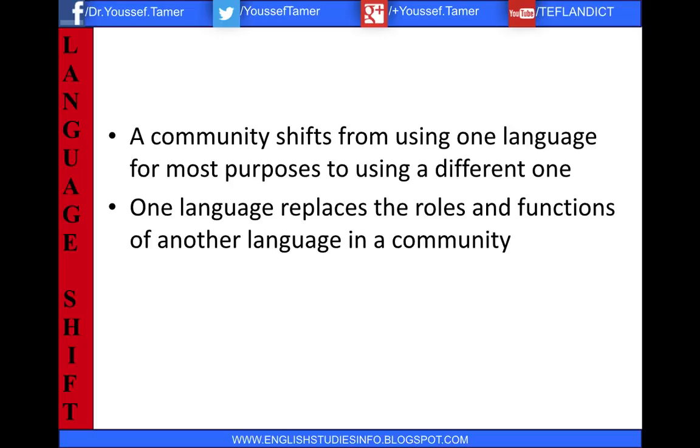When we were colonized by the French, we used French in administration, education, politics, etc. Good? But then after independence, we went back to our normal situation. So that's a kind of language shift in terms of language use. Right? We still face the problem of code switching.